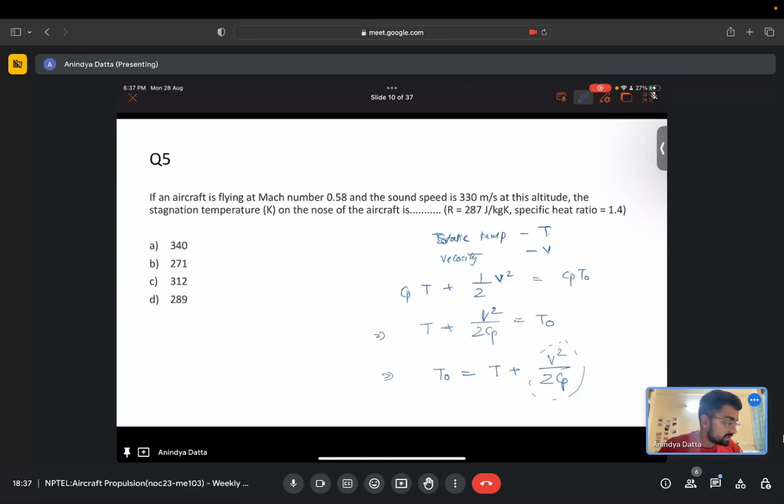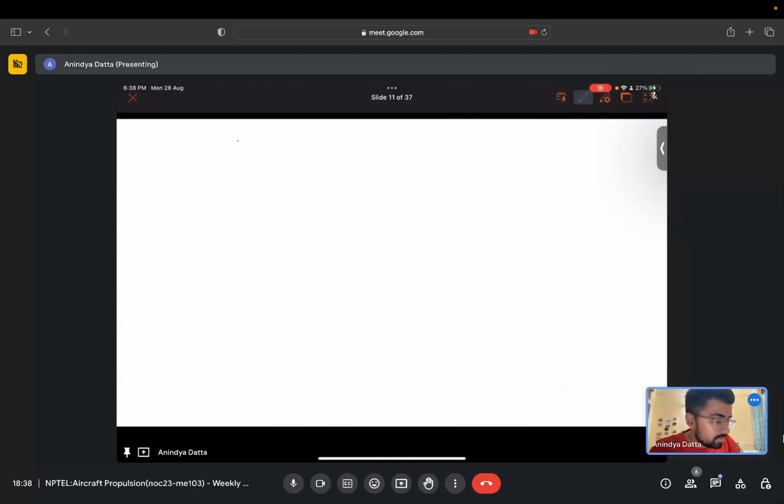If we now simplify it, we get it in terms of Mach number. T0 equals T plus V square by 2 Cp.